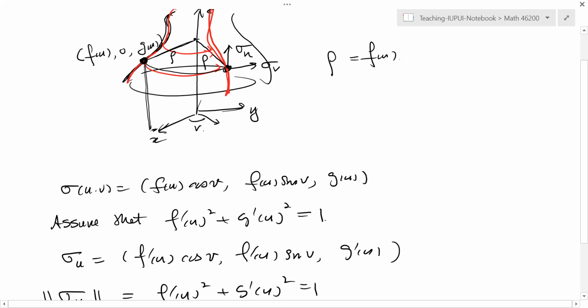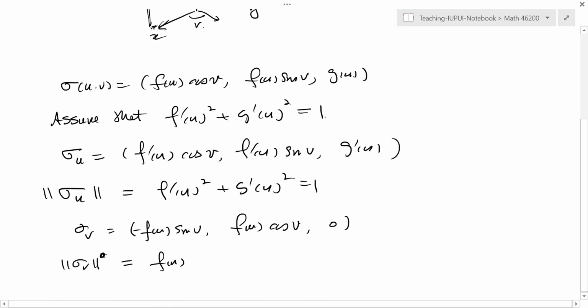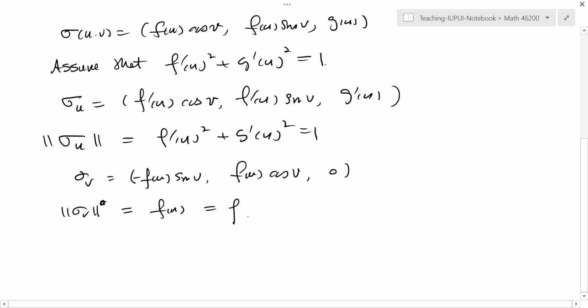The x coordinate of this point is f of u, so that is the distance, and that's equal to rho. Rho is positive. So that implies rho to the negative one times sigma v is a unit vector, a unit vector tangent to the circle.